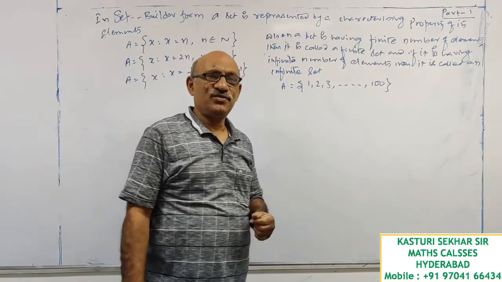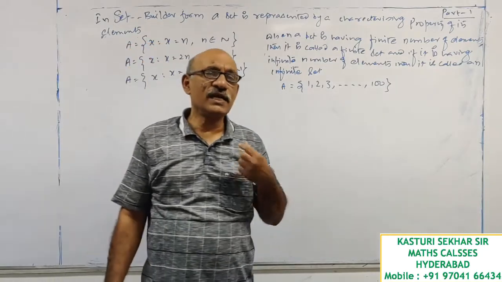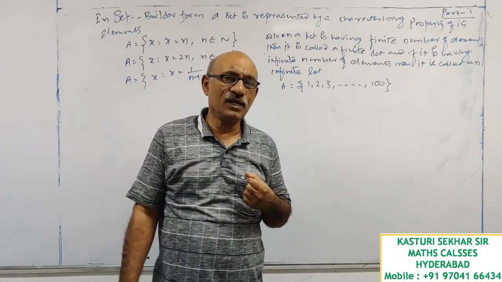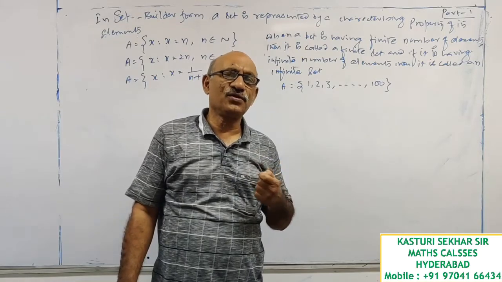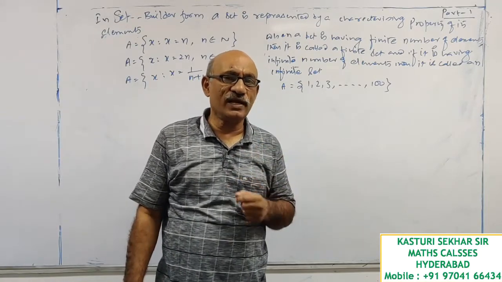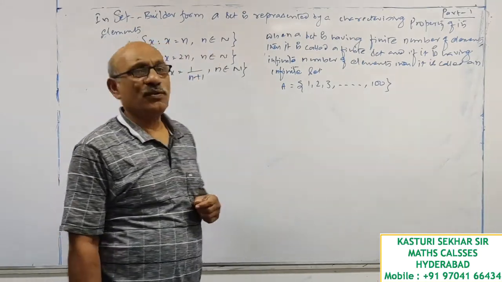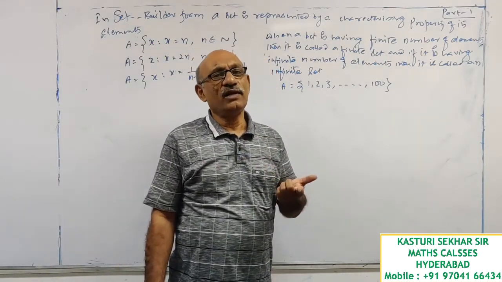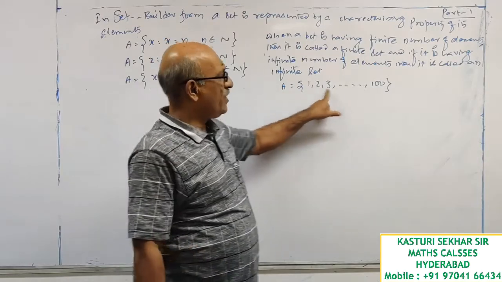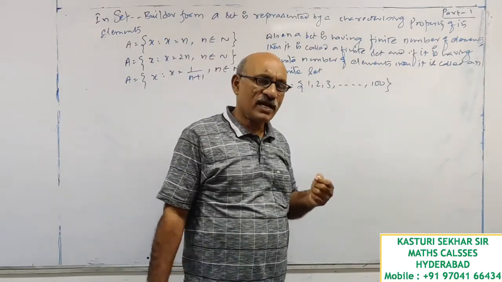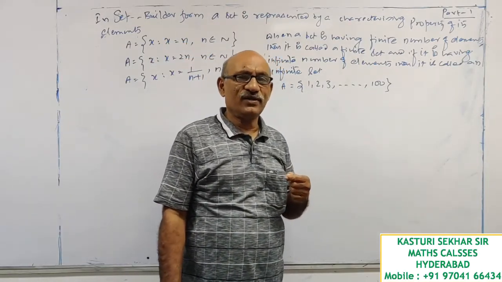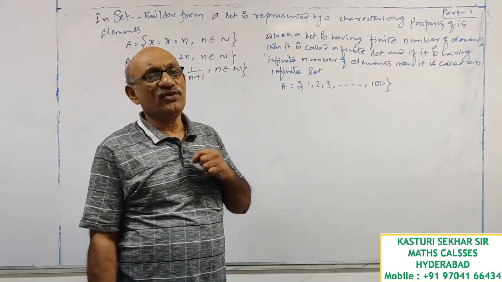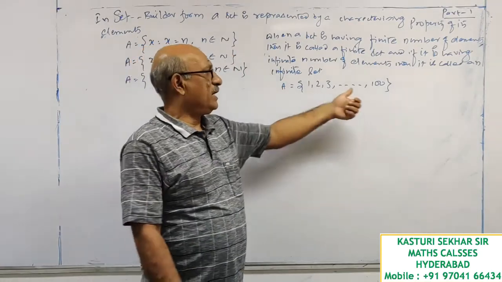Here the elements are listed and the listed elements are counted by numbers. When the counting process is terminated by a natural number, then it is called a finite set. How many elements is this set having? When I start counting 1, 2, 3, 4, 5, etc., my counting process is terminated at 100.